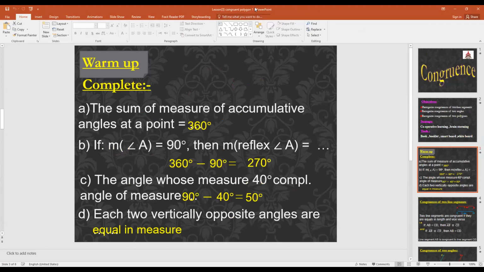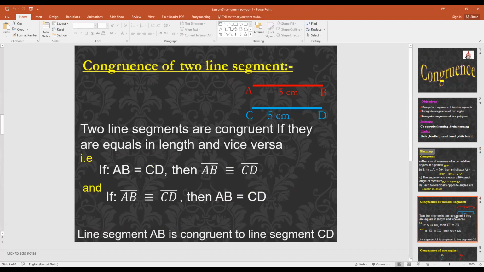So today we have studied the congruence of two polygons, the congruence of two line segments, and the congruence of two angles. The two line segments are congruent if they are equal in length, and vice versa.